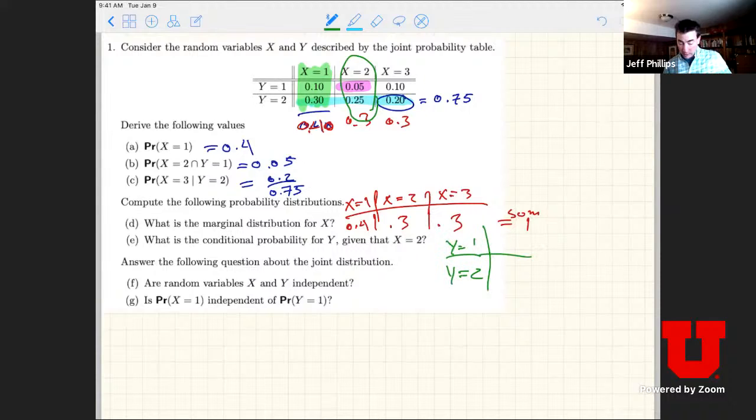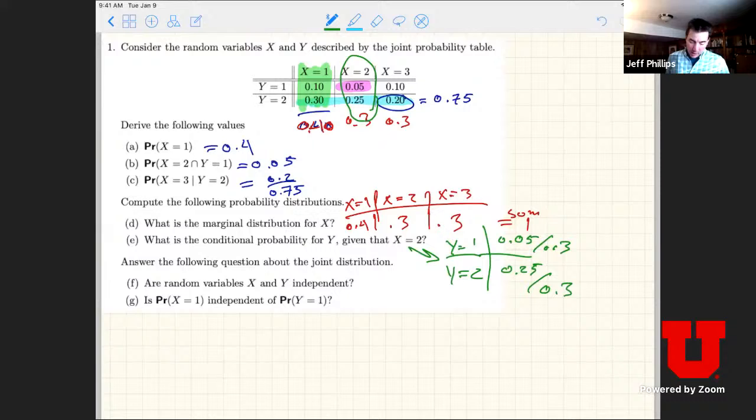It's going to be 0.05 divided by 0.3 and 0.25 divided by 0.3. I could work out these probabilities, and they should add up to 1. If I have two parts, 0.05 and 0.25, that I know add up to 0.3, then I divide through them both by that. I know they're going to add up to 1. They have to do that based on this construction. So that would be the answer here.